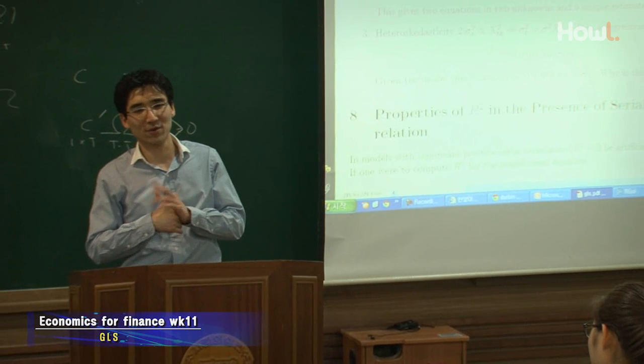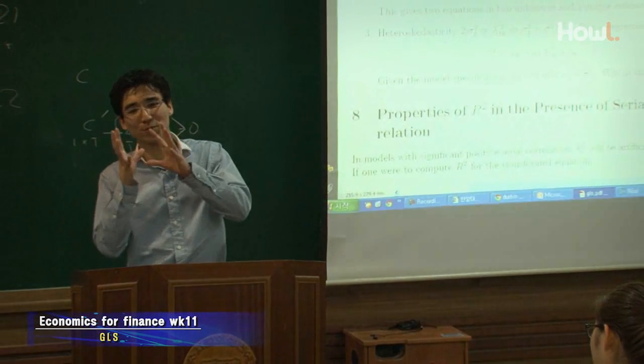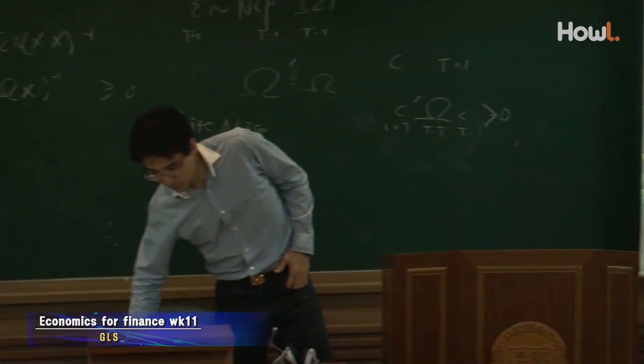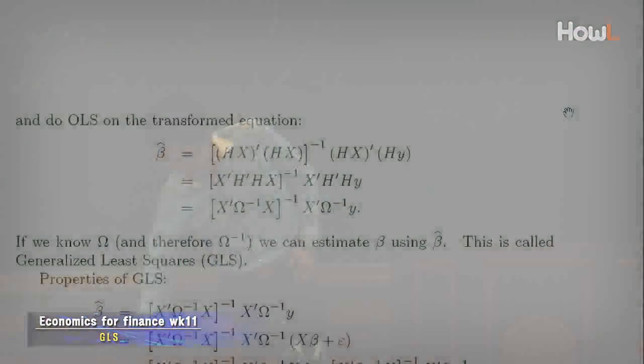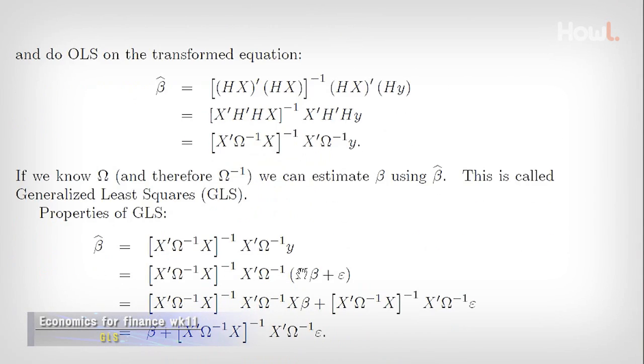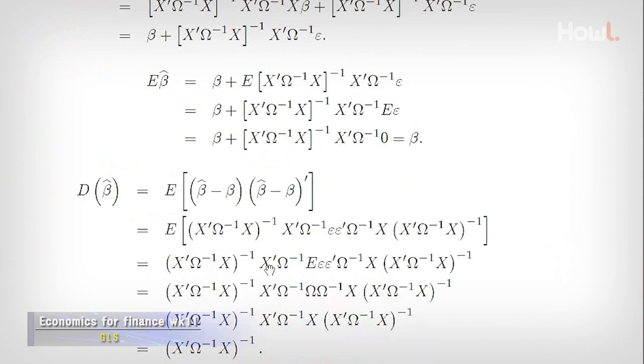Once you estimate omega from this OLS regression, you plug this omega into this one to calculate the GLS estimate of beta. Once you estimate the GLS beta, the variance covariance matrix of beta is this one, so you can calculate the t value and p value and everything.